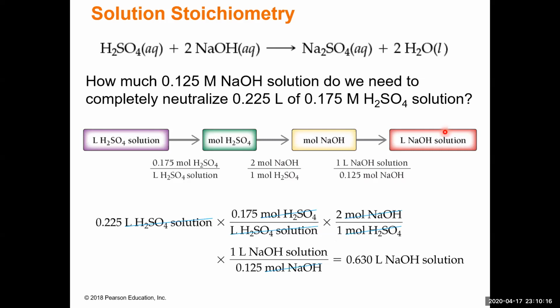Remember that we want to solve for liters of sodium hydroxide. So from the moles of sodium hydroxide, we want to cancel out the moles and convert into liters of sodium hydroxide. For this, we'll need to use the inverse of the molarity so that we have the moles in the denominator and the liters in the numerator. And we end up with 0.630 liters of the sodium hydroxide solution.